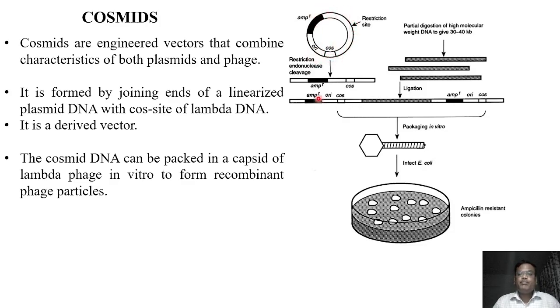This is going to be packaged into a phage, into a bacteriophage. So we are using the bacteriophage to insert our cosmid into the host cell, I mean the E. coli bacteria. So this is going to transfer. What is the difference?